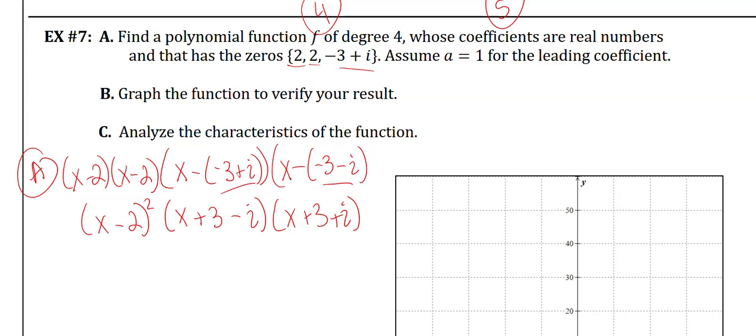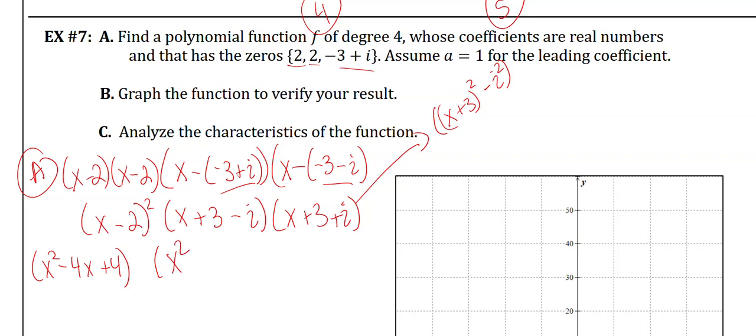Now, I probably wouldn't give you something this long to do on a test or a quiz, but we should be able to FOIL this one out. This one would be x squared minus 4x plus 4. This one, if you think of it as a difference of squares structure, so we have the x plus 3 squared, and then it's the i squared. That's going to end up giving you x squared plus 6x plus 10.